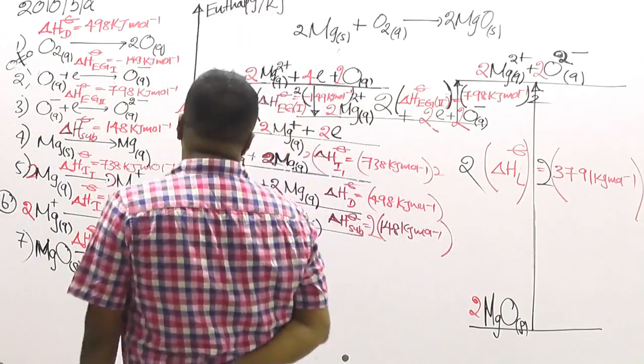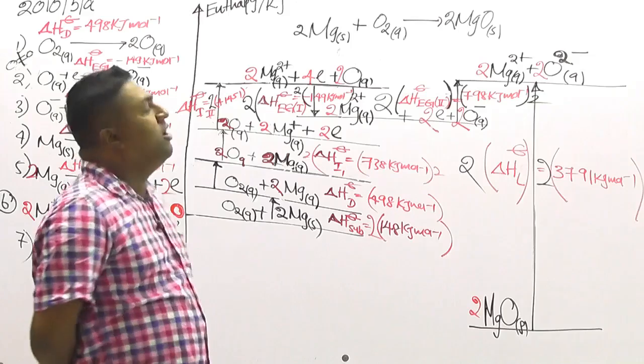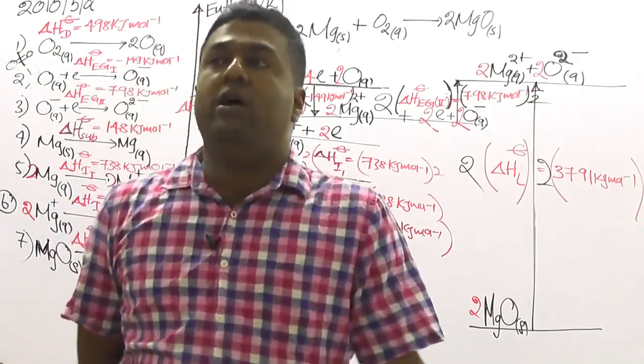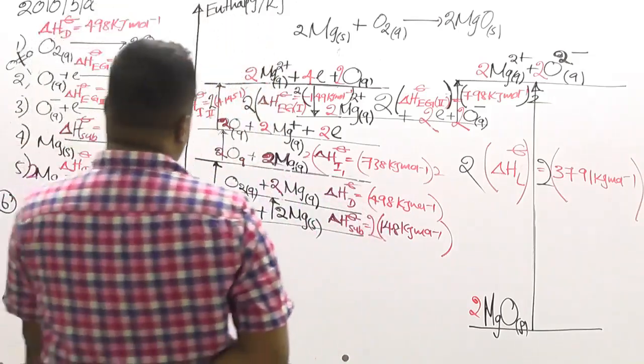That's what you should calculate. 2 Mg solid plus O2 gas gives 2 MgO solid.